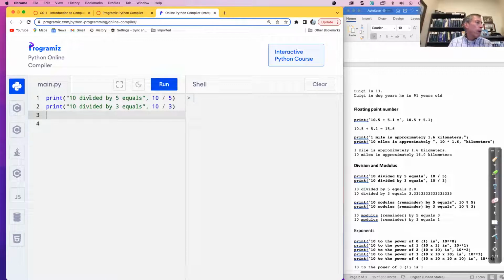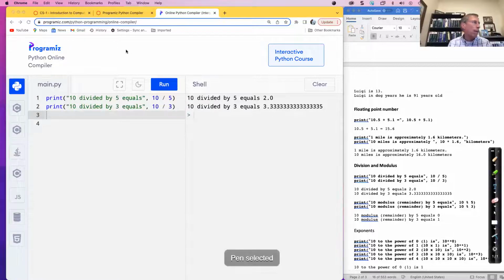Okay, so I'm going to do 10 divided by 5 or 10 divided by 3. Do both of these. 10 divided by 5, we remember our math, right? 10 divided by 5 is 2. 10 divided by 3, now it gives me the decimal. 3.33333.